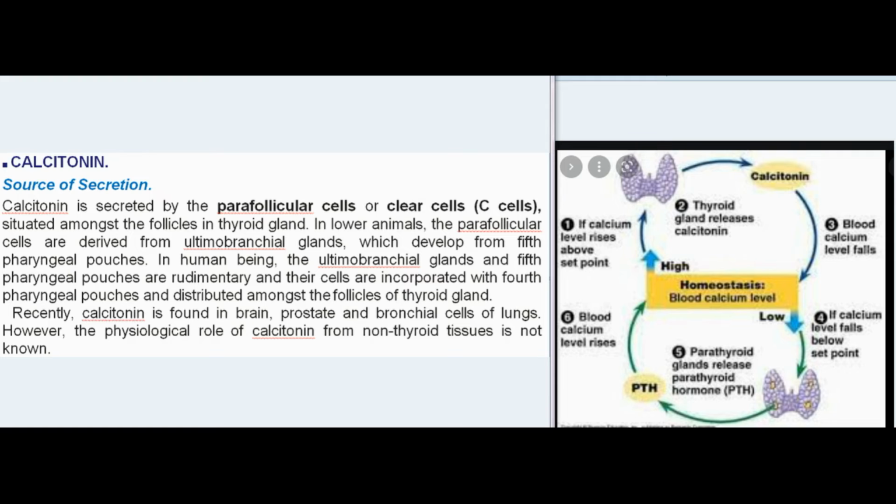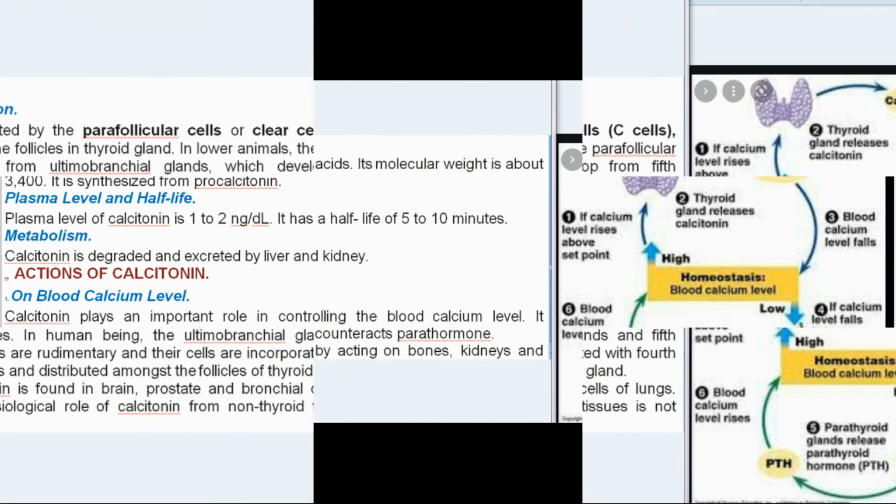In human beings, the ultimobranchial glands and fifth pharyngeal pouches are rudimentary, and their cells are incorporated with fourth pharyngeal pouches and distributed amongst the follicles of thyroid gland. Recently, calcitonin is found in brain, prostate, and bronchial cells of lungs. However, the physiological role of calcitonin from non-thyroid tissues is not known.